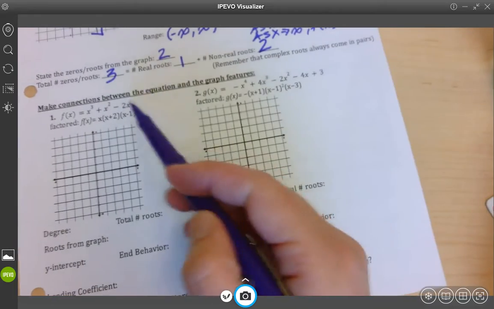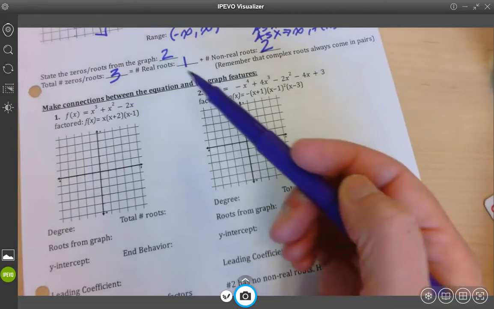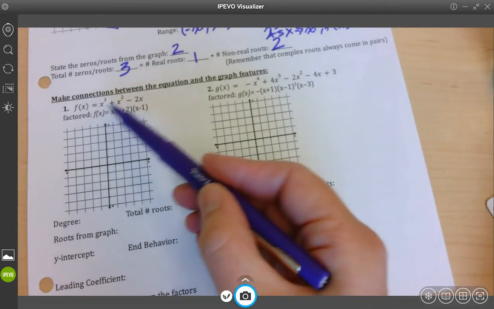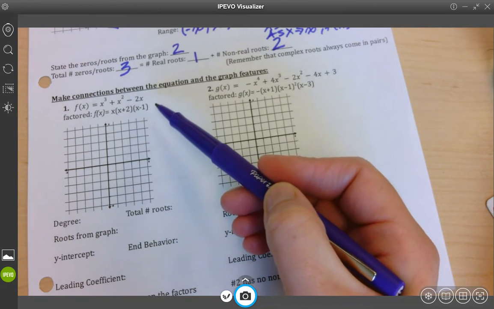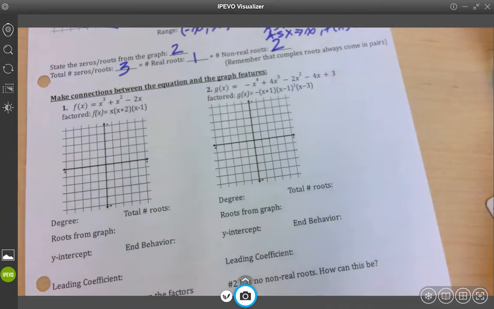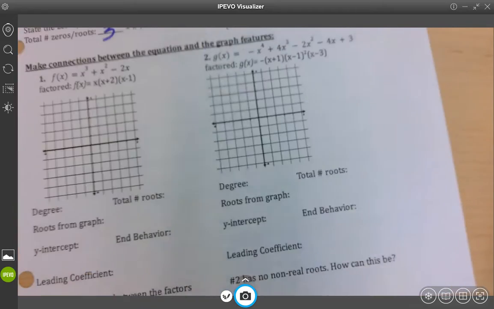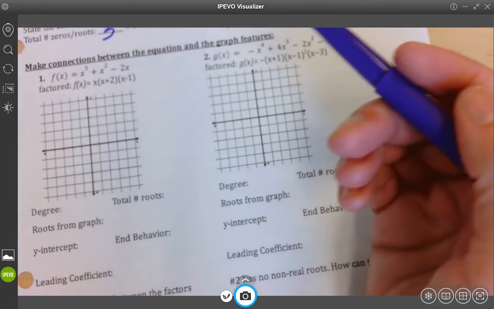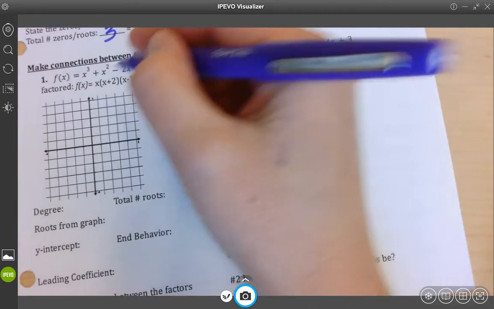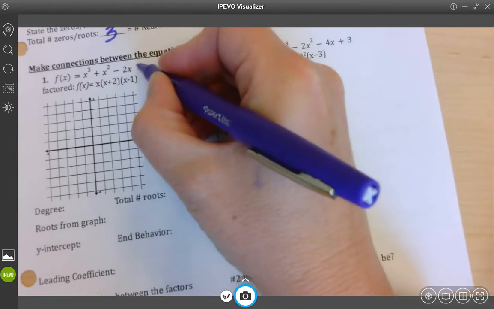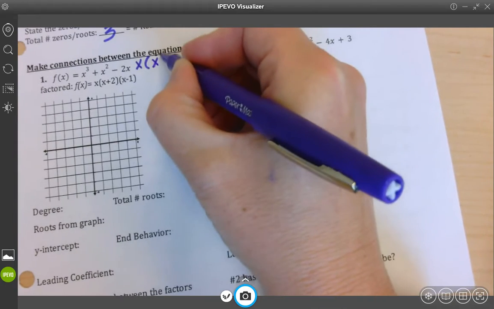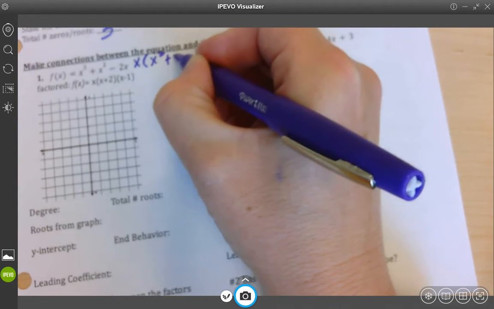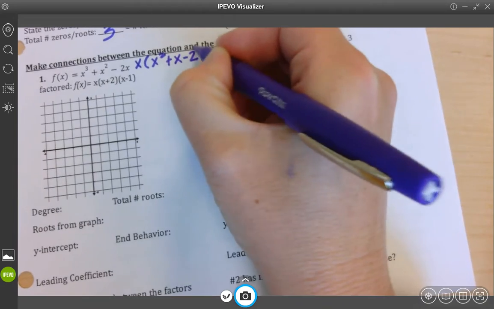So making connections between the equation and the graph features. So I have an equation here, and I also have it factored. Just want to review factoring for just a second. There's a bunch of different types of factoring. This one you are actually capable of factoring so far, because we can see there's a common factor of x. And if I divide each term by x, I get x squared plus 1x minus 2.